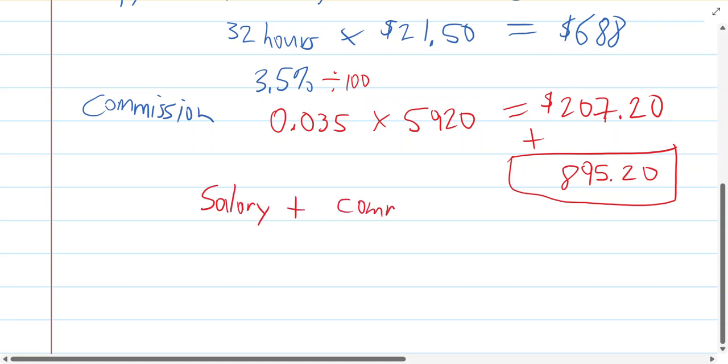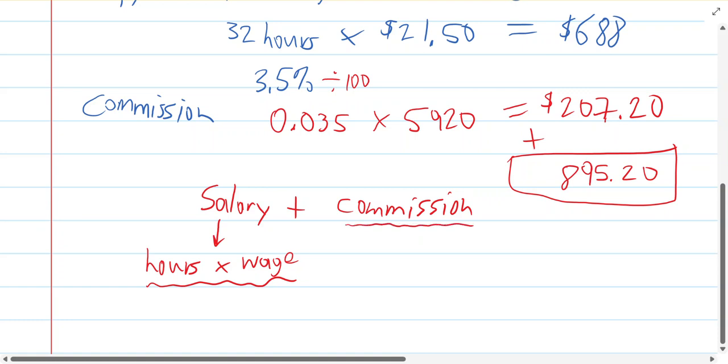You got to find them separately, add them up to get a grand total. Now, sometimes salary will be your hours times your wage. So keep that in mind. Often you have to do a little calculation to figure out the salary and a little calculation to figure out the commission, making sure that you take your percent and turn it into a decimal. Okay, so that was one of the trickier questions from yesterday.